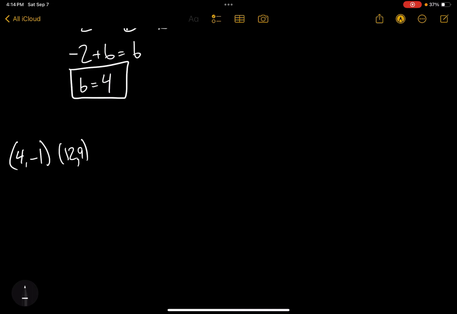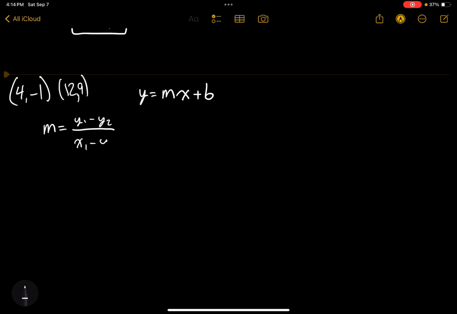And we're going to do this last one, which is a line passing through these points. Once again, we're going to get y equals mx plus b. We are going to use our slope. M is equal to rise over run, or let's do it again, y1 minus y2 over x1 minus x2. It really doesn't matter what I use first.